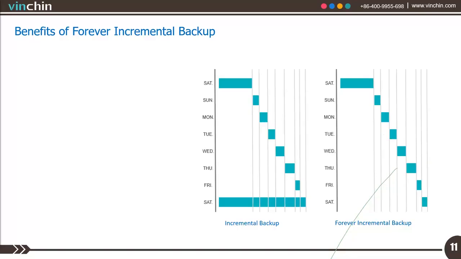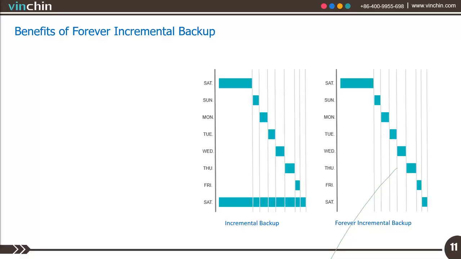For example, in the first diagram, we need to delete restore points from the first Saturday to Thursday to comply with the retention policy. But the restore point on Friday will be useless, and there's no mechanism for incremental backup to merge restore points. So an extra week of old backup data will be kept.